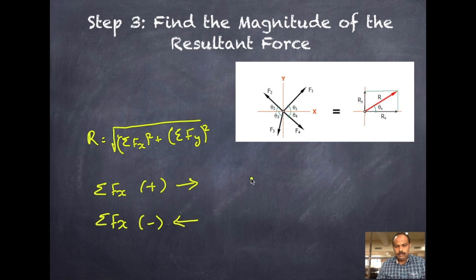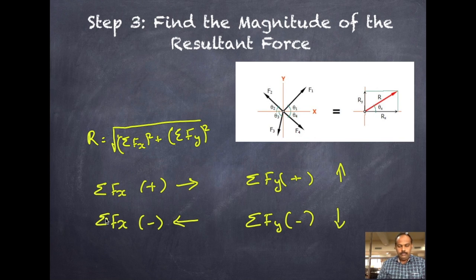And suppose sigma Fy is positive, we need to draw upwards. If sigma Fy is negative, we need to draw downwards. So in this case, after finding the resultant, we draw for the positive sigma Fx and sigma Fy. My Fy is this, my Fx is this, so this we draw for the resultant.